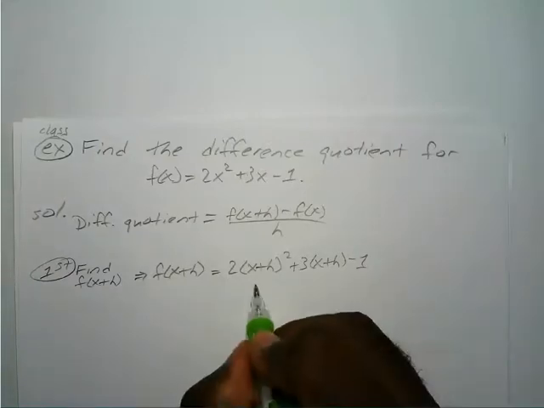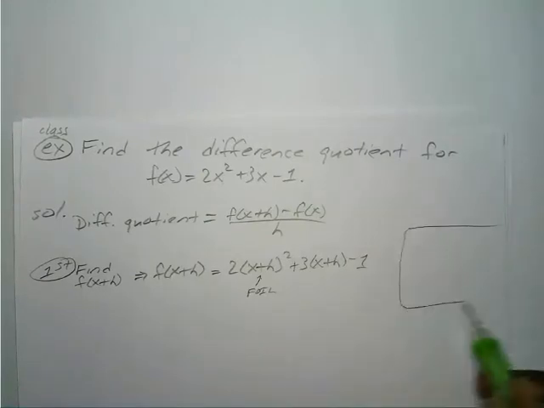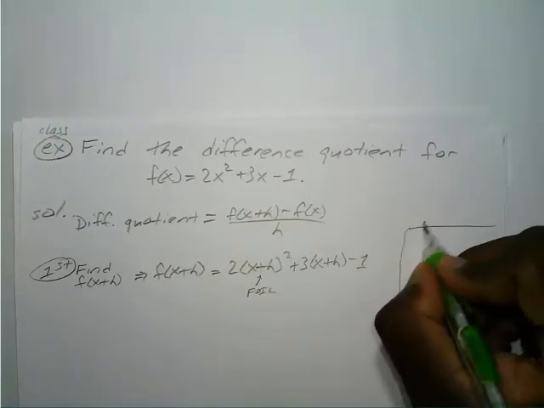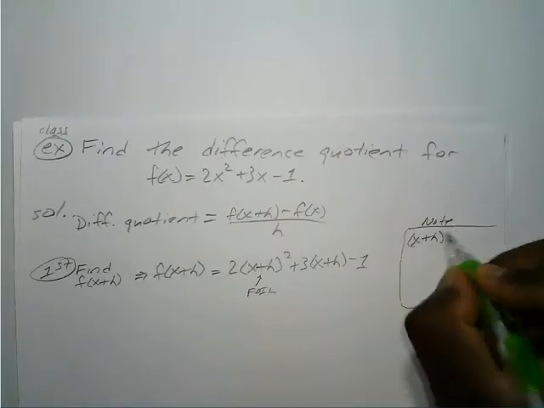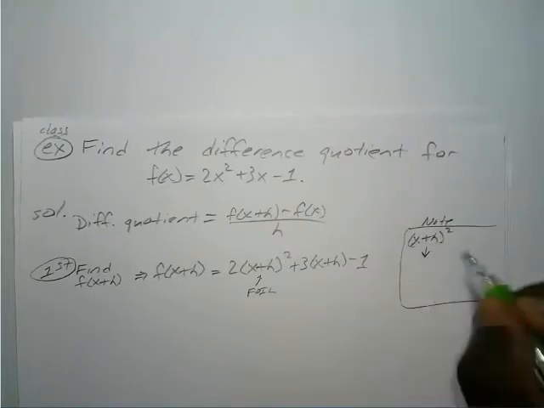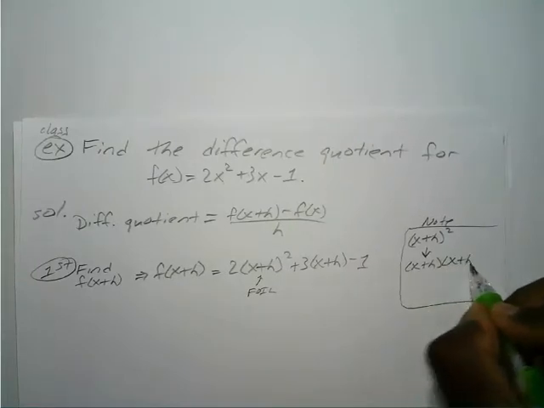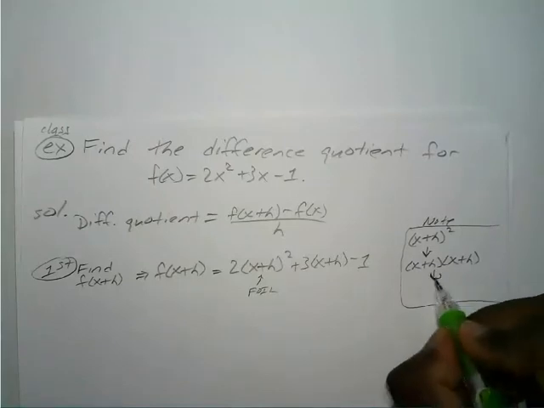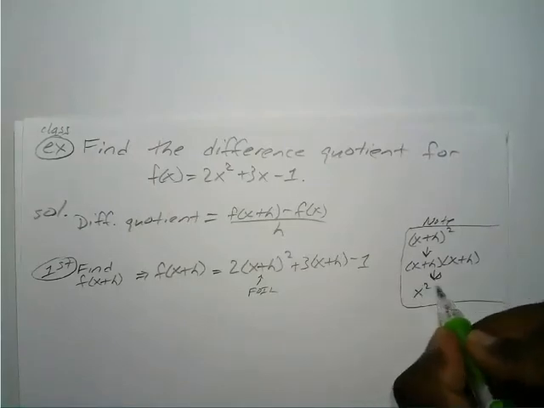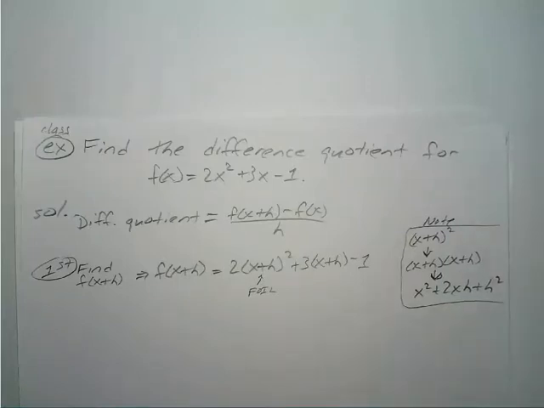Okay, so this one we can FOIL. Just making a little side note: if you have x plus h squared, that's just x plus h times x plus h, where once you FOIL that out, it's x squared plus 2xh plus h squared.